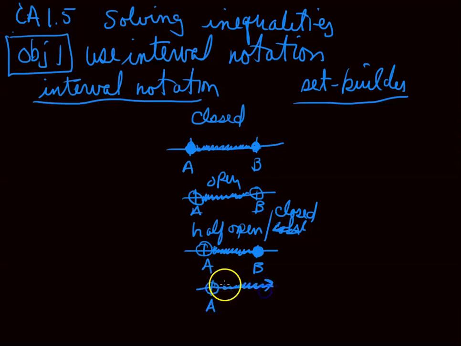Those circles could also be open or closed. If this is B and this is closed and goes to the left, it goes to negative infinity. Usually you put an arrow at the end, an arrow at the end here too.